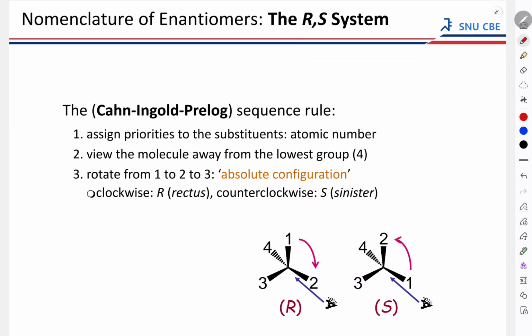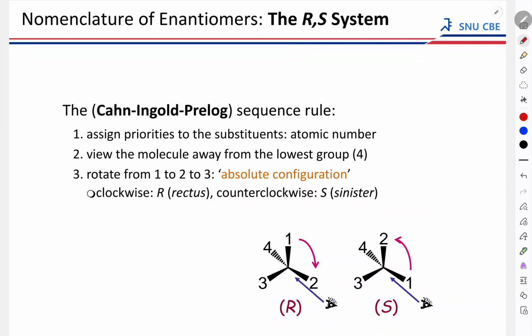You can first think about the atomic number. And rule number 2, view the molecule away from the lowest priority group, number 4. So you can put number 4, for instance, on the hashed wedge in this case, and then you can identify these 3 substituents. And you can decide the rotation from 1 to 2 to 3.